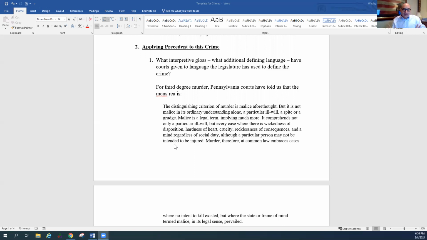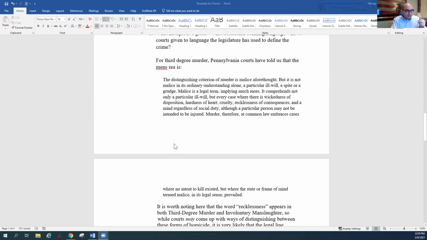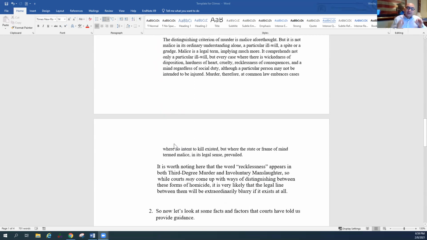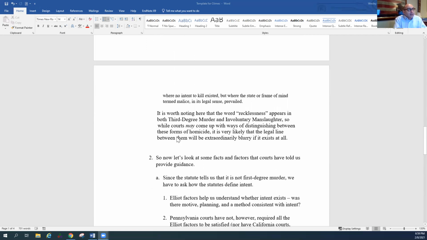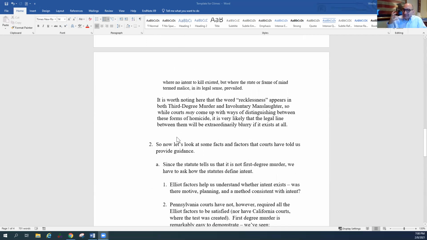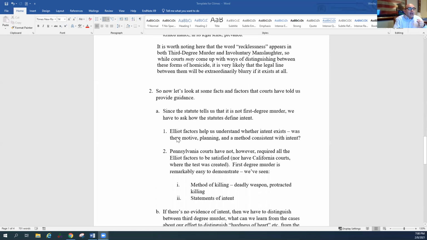So that's language the court has added to what the legislature has given us. So now that we've got that, that's additional guidance for us to interpret this vague statute. So now we're going to want to look for some examples to flesh this thing out even further. And some examples and some factors that the court gives us or that we can extract from the facts.